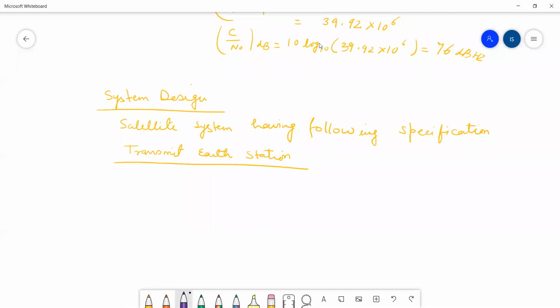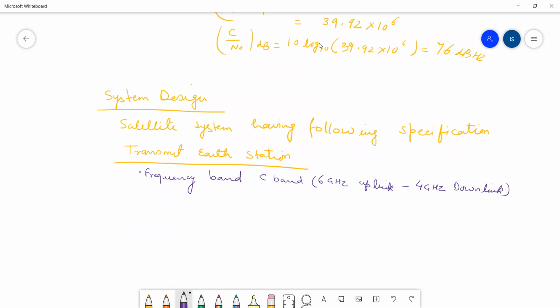First is the frequency band. Suppose we are using 6 gigahertz uplink and 4 gigahertz downlink frequency. So we are using C band, and in C band 6 gigahertz is the uplink frequency and 4 gigahertz is the downlink frequency.